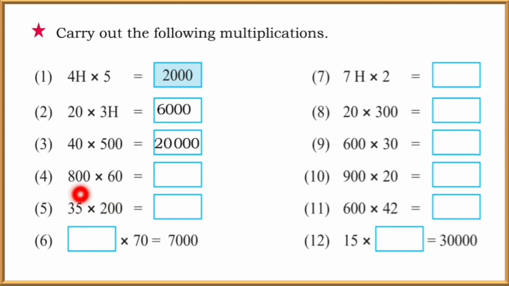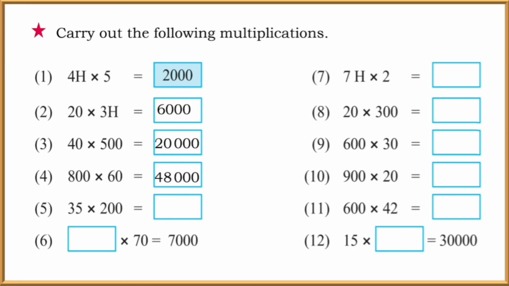So 8 6s are 48. Now we will put 2 zeros from this 800 and 1 zero from this 60. So 800 multiplied by 60 is equal to 48,000.